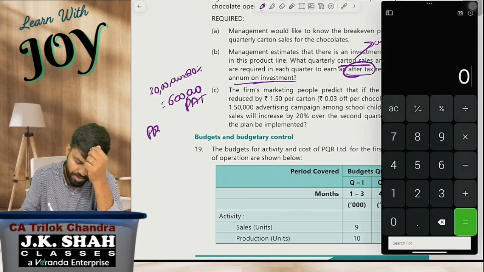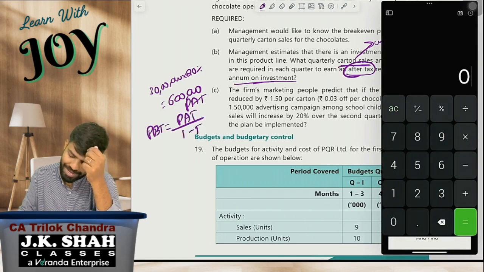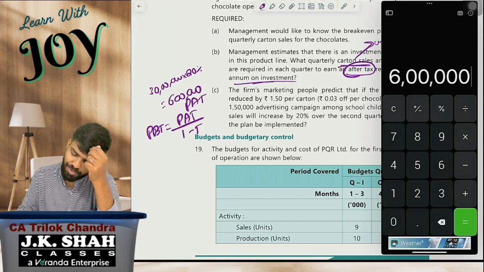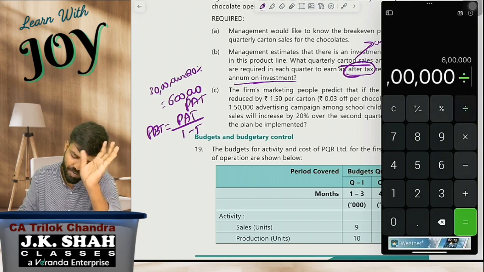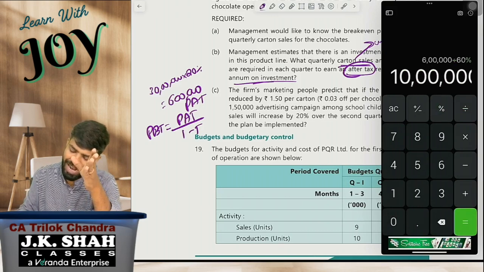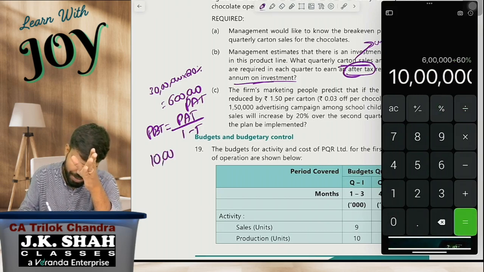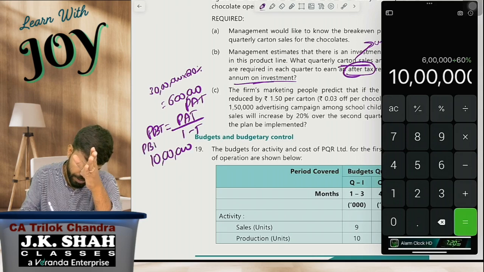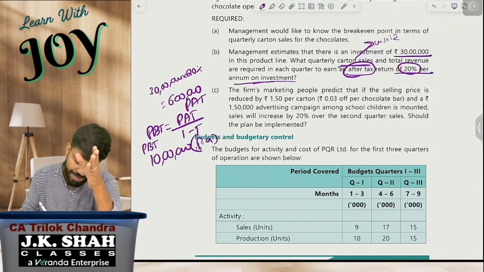We all know that profit before tax equals PAT divided by 1 minus tax. PAT is 6 lakh rupees divided by 1 minus the tax rate of 40%, so 60%, which equals 10 lakh. 10 lakhs per annum PBT. I can call it PBT or operating profit.